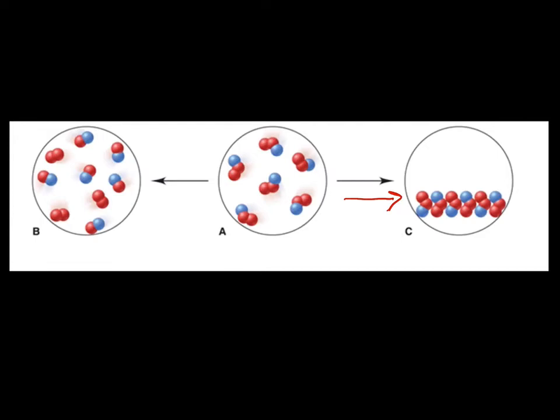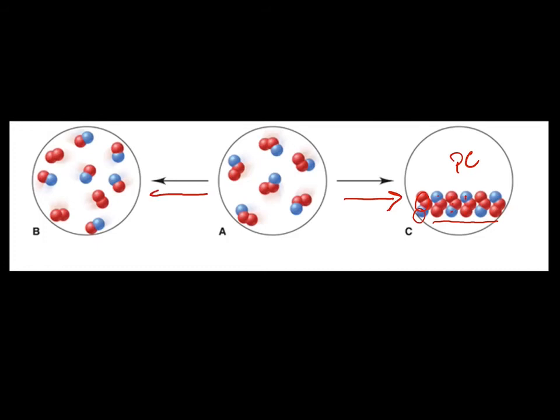Okay, hopefully you noticed that nothing has changed in the composition of each one of these molecules. They're still all two red and one blue. There's nothing that has changed in terms of what that compound looks like. So I think we'd have to call this a physical change.